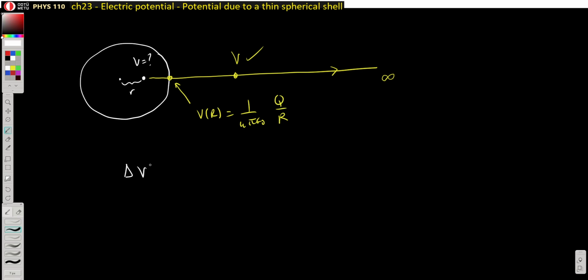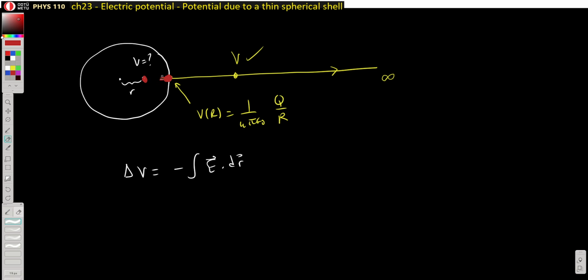So it's the same formula. Let me write down the formula again. So what I need to do is to basically start from this point in here at the surface and move along like that. So let me draw this with a different color, like red, for example. So I'm going to have a path in here that starts from here and ends up in here, and it is in this direction.